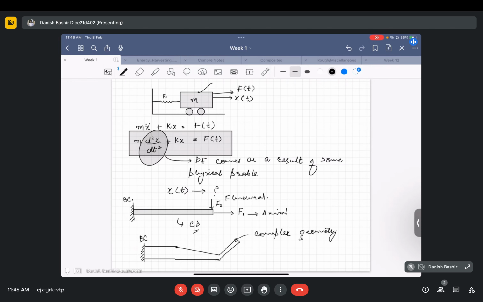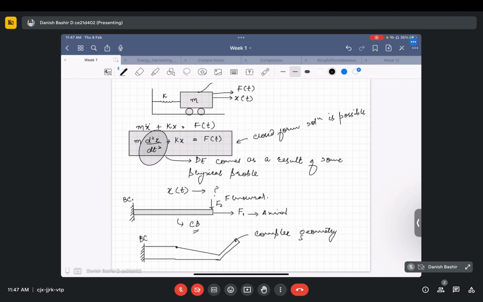When these problems came in front of the researchers and scientists, they thought to develop a numerical method in which we will not be obtaining the solution of the differential equation in a closed form. For the simple case, a closed form solution is possible.